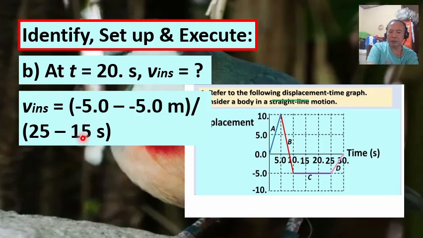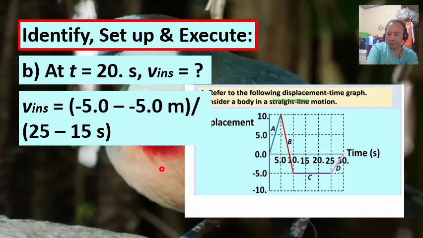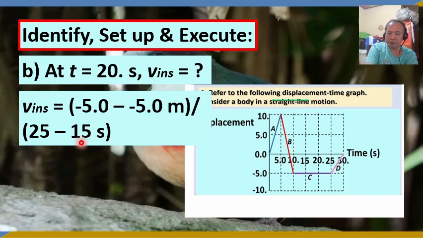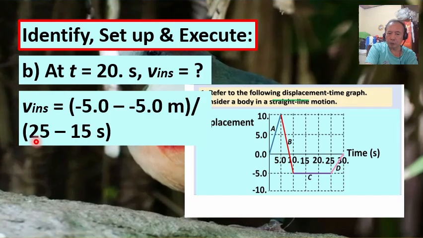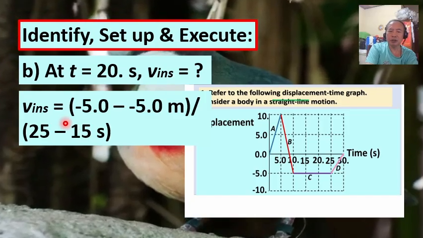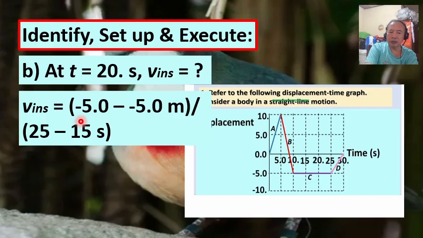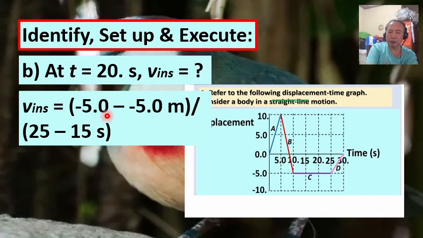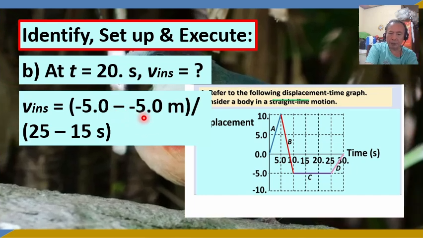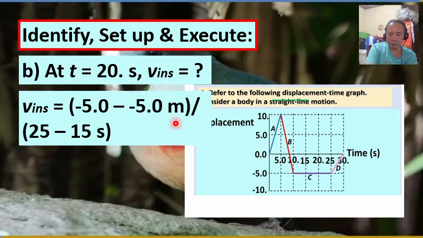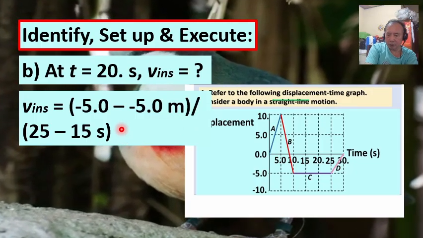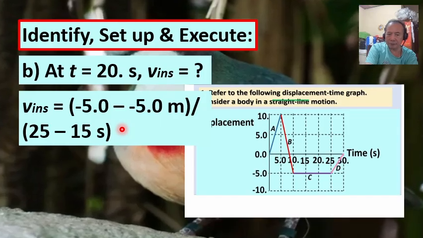So choosing the time interval 15 seconds to 25 seconds, we find the average velocity equal to quantity negative 5.0 minus negative 5.0 meter divided by the corresponding time.